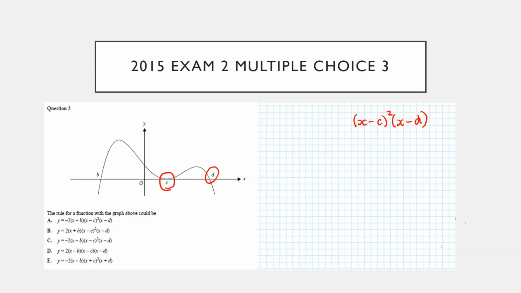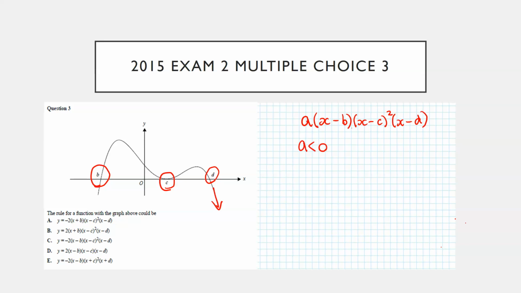Now here's the tricky bit. We have an intercept here at b. Notice that b is a negative number. So that is, we're going to have x minus b, not plus b. Lastly, notice that the graph is finishing negative. That means that our number out the front, our a, is negative.